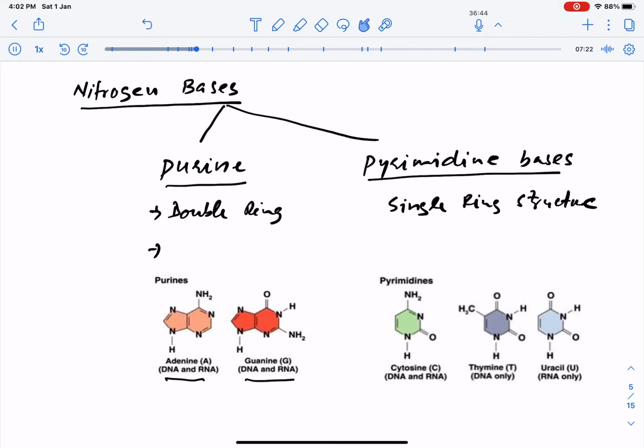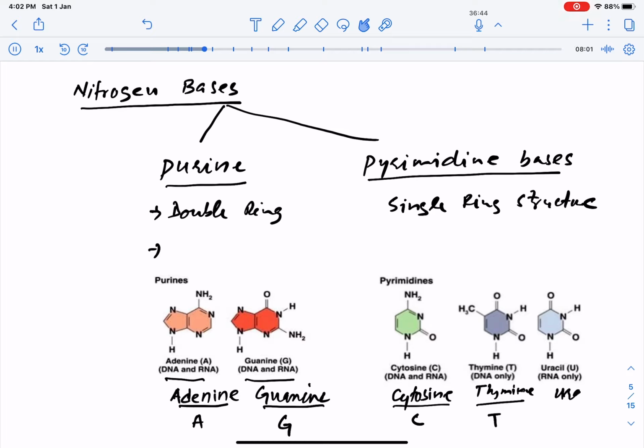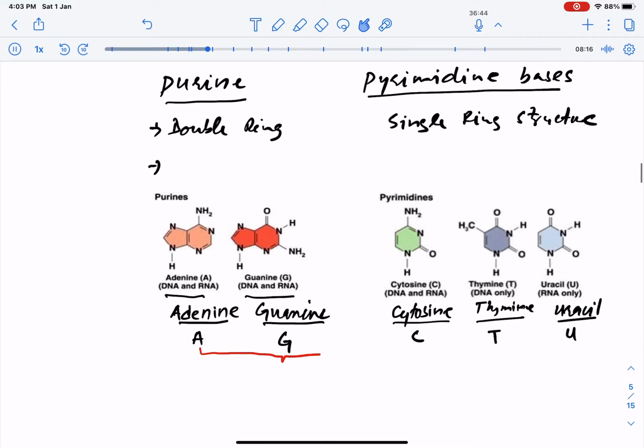However, you should know that there are 5 different types of nitrogen bases that are named adenine, represented with A. Guanine, represented with G. Cytosine, represented with C. Thymine, represented with T, and uracil, represented with U. Adenine, guanine, and cytosine, these three are found in both DNA and RNA.